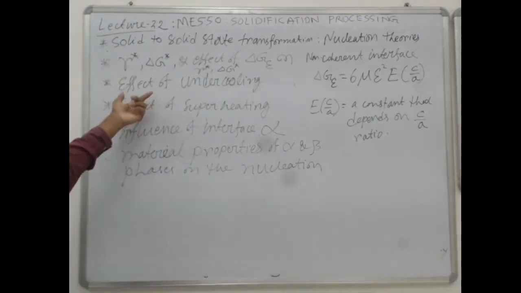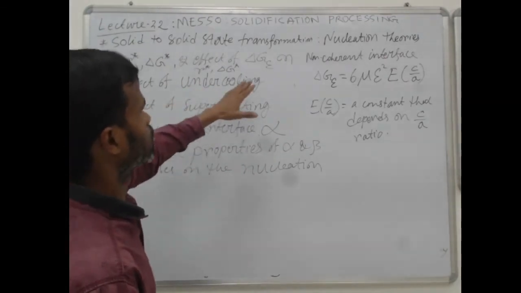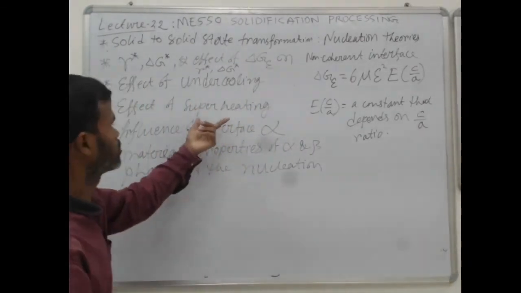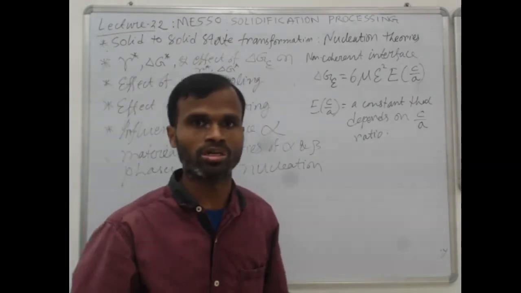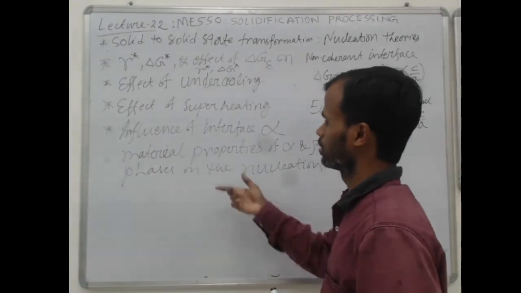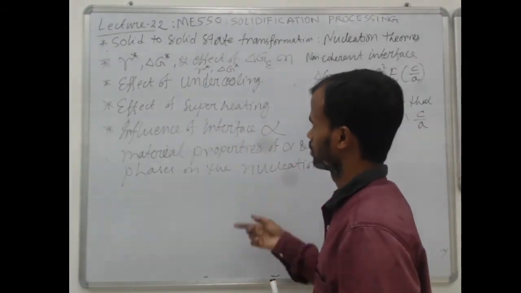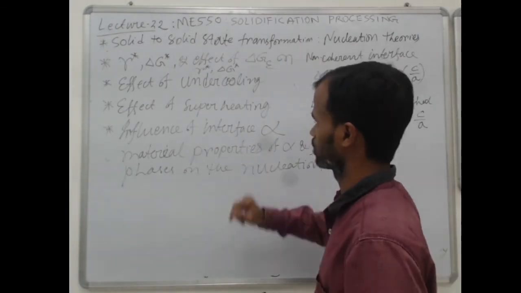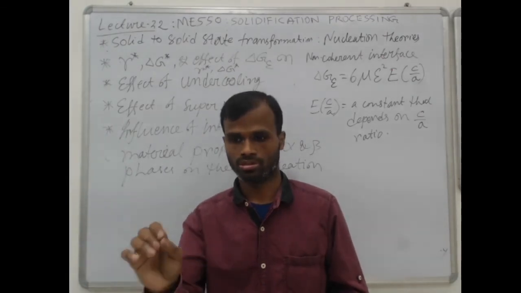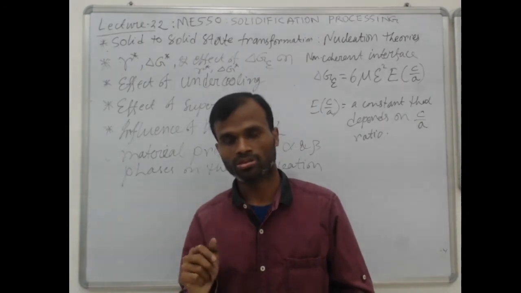Then we discussed the effect of undercooling, and we estimated the amount of undercooling, and also the amount of superheating required for solidification or the nucleation of solid phase. And then we discussed the effect of shape and the interface properties on the nucleation, and also the effect of material properties on the nucleation.